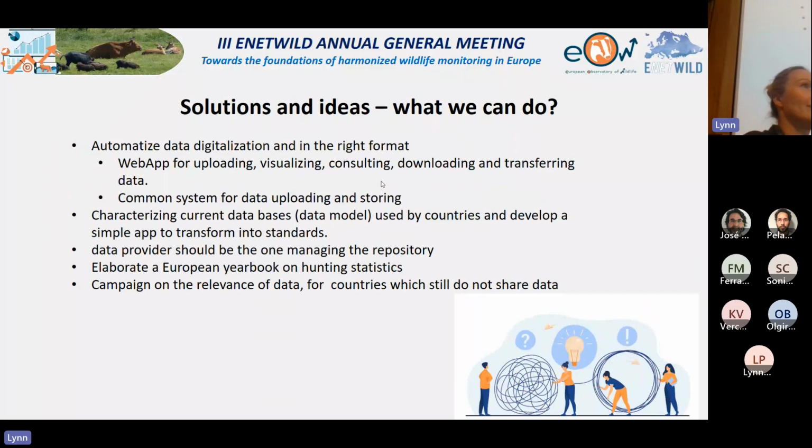So what can we do? The problems are the crucial thing which is developing the solutions. And I hope that this meeting will also give us some hints, maybe from your backgrounds, maybe from your perspective. For sure, we need to have some common standards for how we will be uploading the data, and also a way to automatize the data digitalization in the right format, so that whoever wants to store the data and get the information back will get it in the same standard.